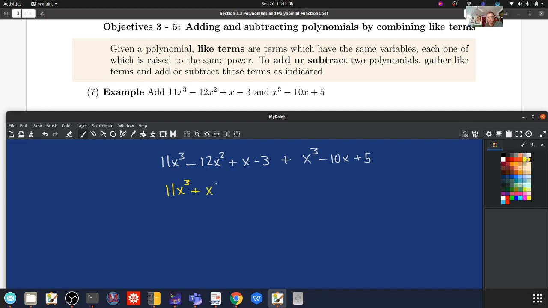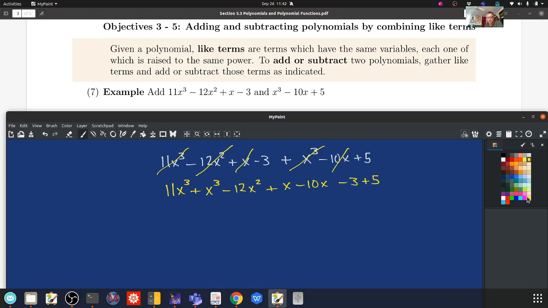And what I do is, when I'm doing this, I mark through them, otherwise I might skip one. And then I'm going to go to the degree 2 terms, and there's only one of those. Now the degree 1 terms, and the degree 0 terms.